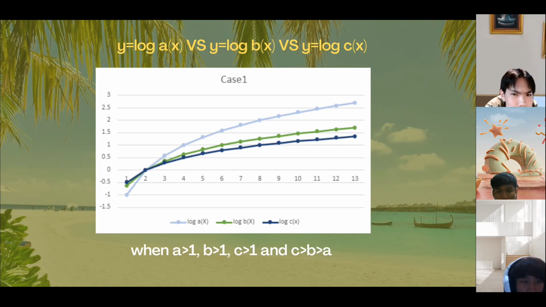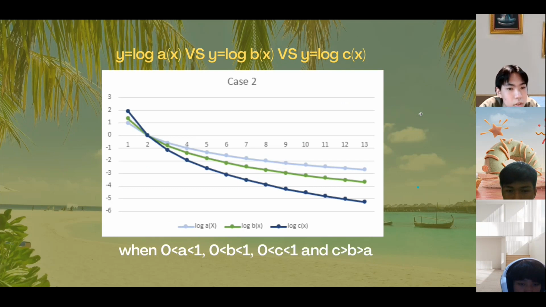When the x value is 0.5, the value of the 3 lines in the graph will be less than when x is 6.5. So all 3 lines will increase. The result of this graph is that as the base increases, the slope will decrease, and the graphs intersect at x equals 1.